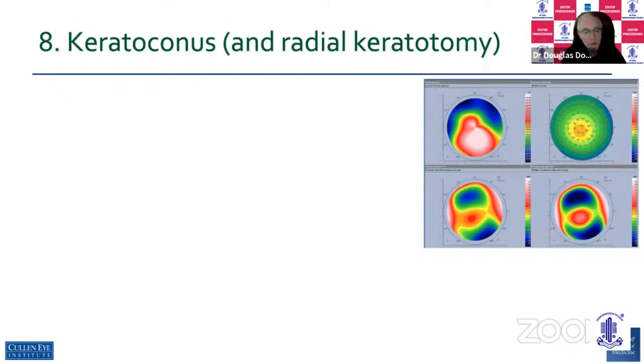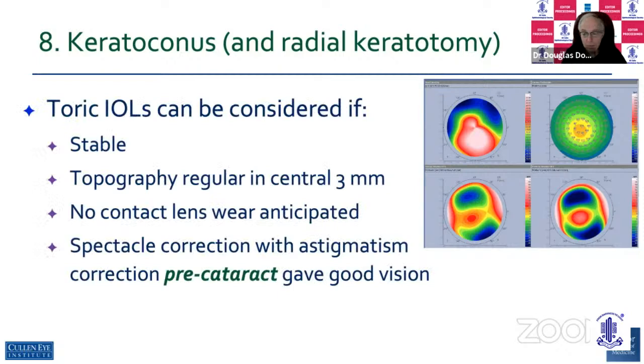What about keratoconus, and radial keratotomy? In my mind, they really fit the same sort of criteria. They have to be stable. You have to have regular topography in the central 3 millimeters. You're not going to be wearing a contact lens post-operatively, and it's very important to sort that out with the patients. You don't want to put a toric lens in if they're going to wear a contact.